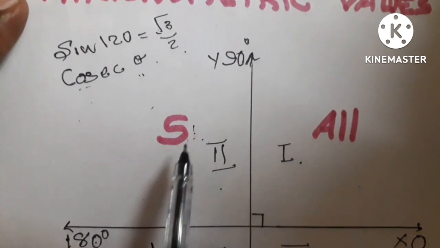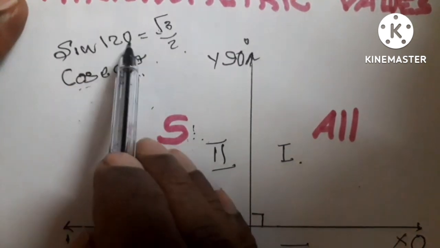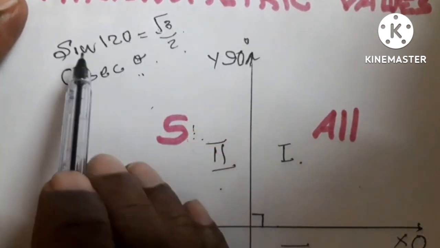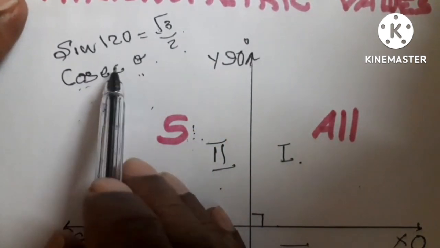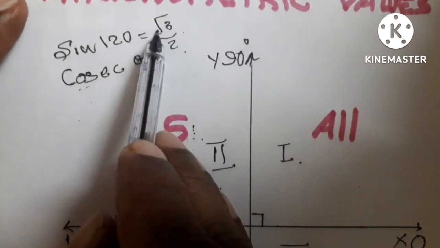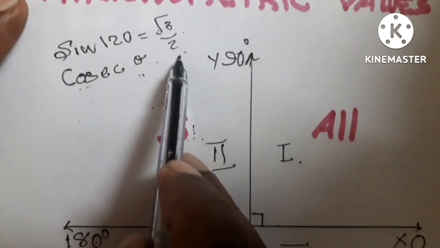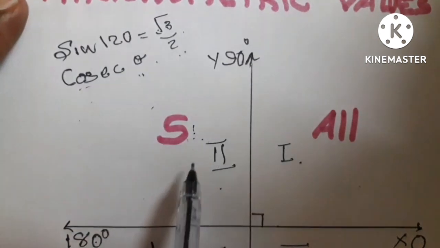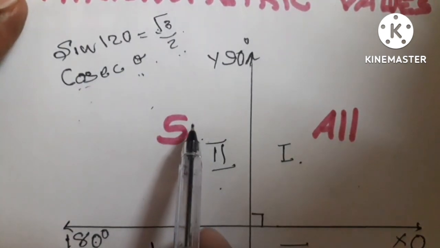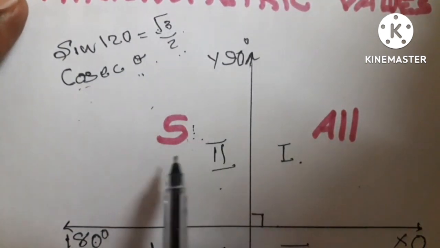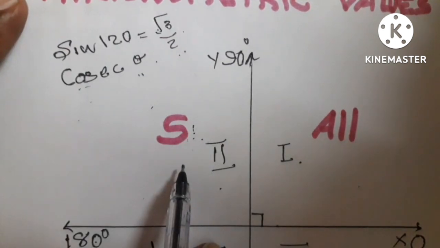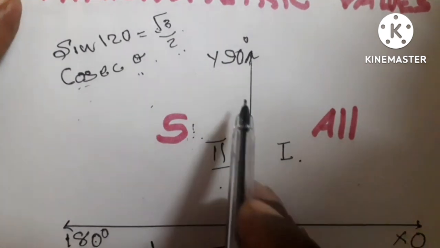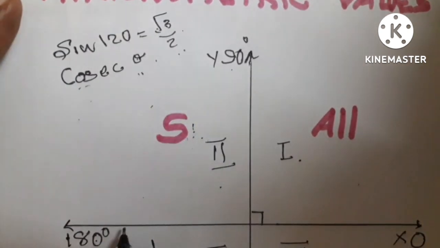So sine of 120 is equal to root 3 by 2, and cosec 120 is equal to 1 by sine 120, that is equal to 2 by root 3. So only sine theta and its inverse are positive in the second quadrant. The second quadrant means greater than 90 degree and less than 180 degree.